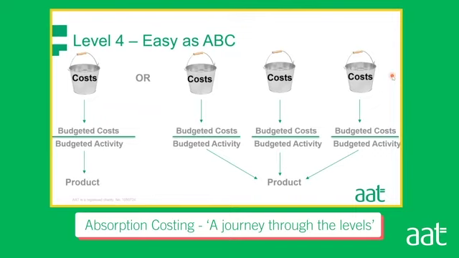Surely for a big business with a lot of overheads, with lots of different products and services that all require an incredibly different level of resources from the business, from that overhead cost base, surely there's more to it than that. And surely we should work out a more accurate overhead absorption rate for each little area of the overhead base.